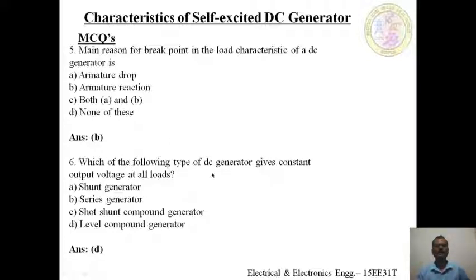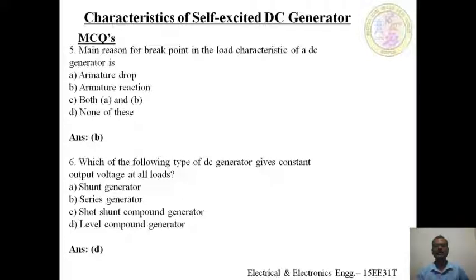Sixth one. Which of the following types of DC generator gives constant output voltage at all loads? It's a compound generator. A generator having dropping characteristics, right?